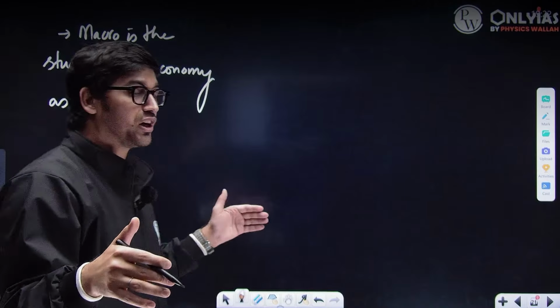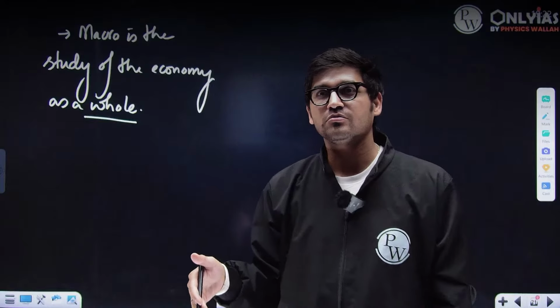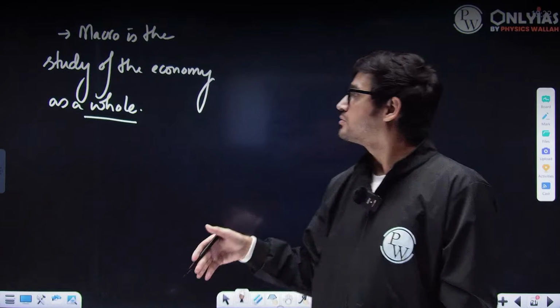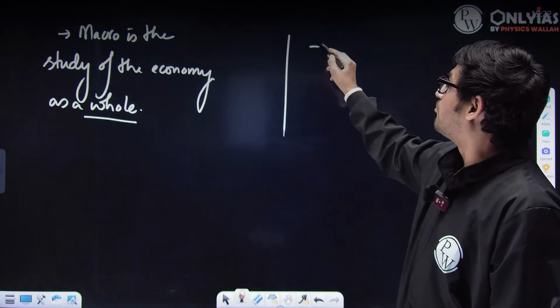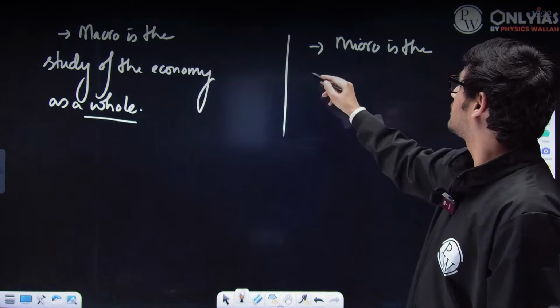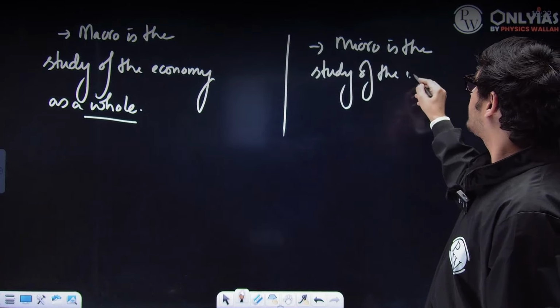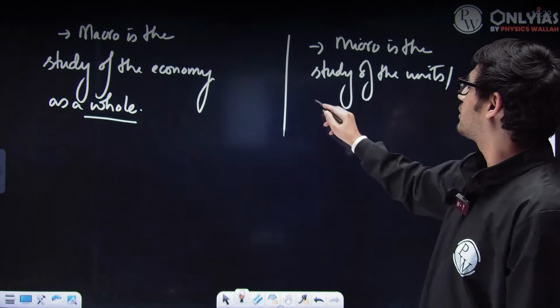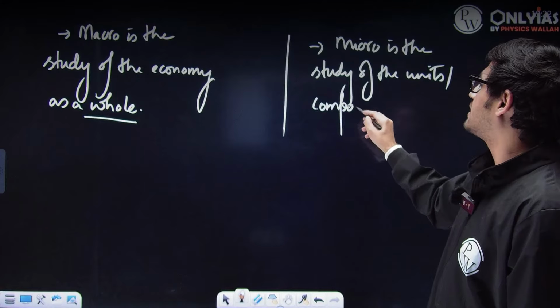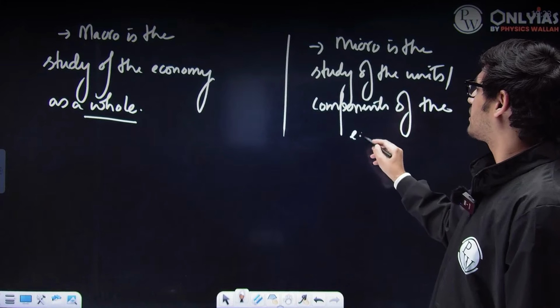The entire economy taken together, the aggregate economy. Microeconomics is the study of the units or the components of the economy.